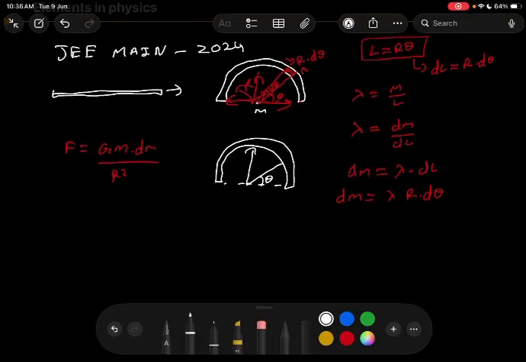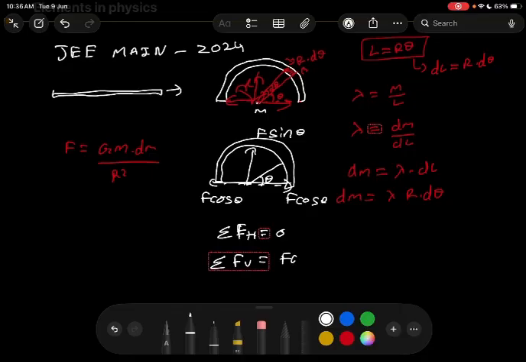The force acts like this. This is F sine theta, this is F cos theta, and similarly it's going to act F cos theta over here. So the net horizontal force is equal to 0, and the net vertical force is F sine theta. But we want the entire thing, so we are going to have to integrate the force as well, because that is not enough.